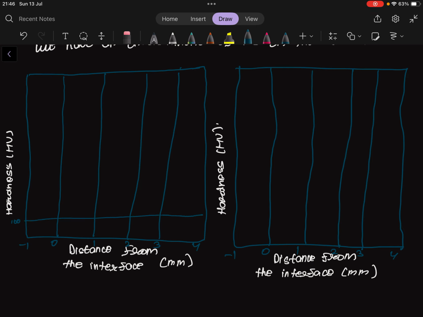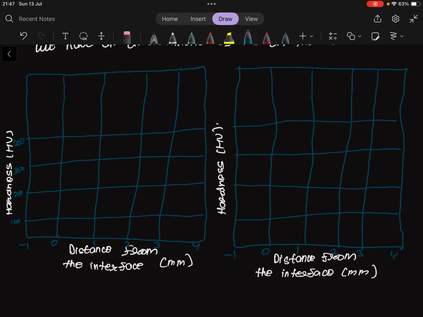Here will be 200. Same for here and here. Here will be 300. Here will be 400. Here will be 500. And here it will be approximately 700, but I'm not going to draw it, no need right now.